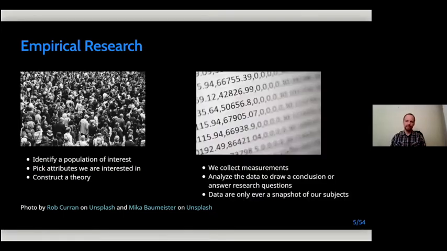Then we collect our measurements and analyze the data to draw a conclusion or answer research questions, or maybe provide evidence towards some particular model or not. It's always good to keep in mind that data are only ever a snapshot of our subjects. We don't really know what happened behind the scenes, the generative processes that gave rise to the data we observed. We can make guesses or inferences, and that's what we're all doing in inferential statistics.